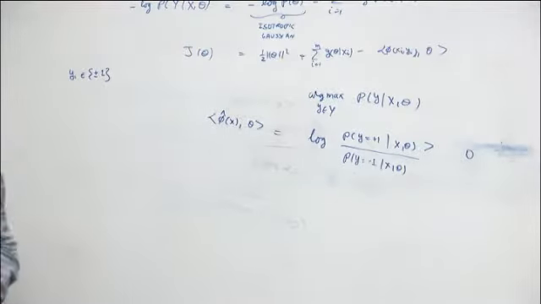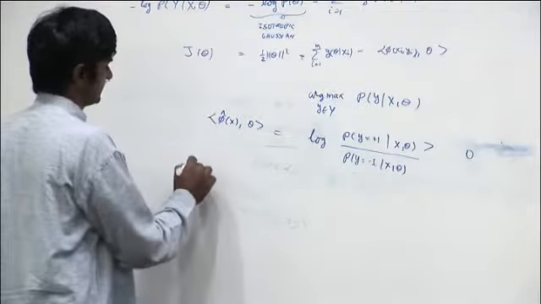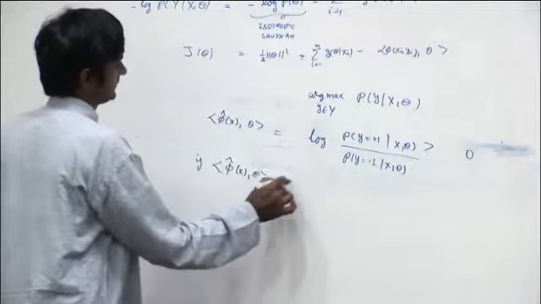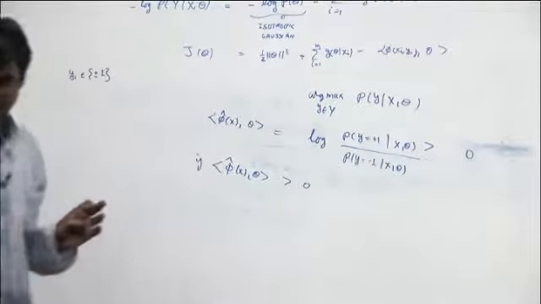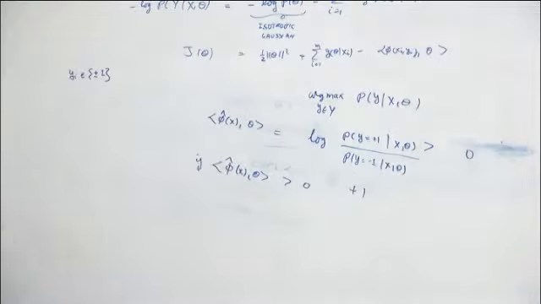You can verify this. This is again just algebraic manipulation. So what is our prediction rule? Therefore our prediction rule is, if phi hat of x times theta is bigger than 0, then predict +1, otherwise predict -1. Okay, this is our rule.